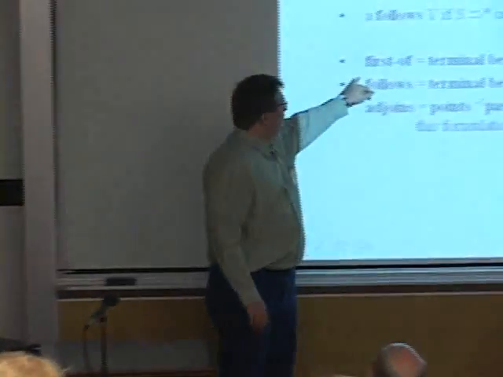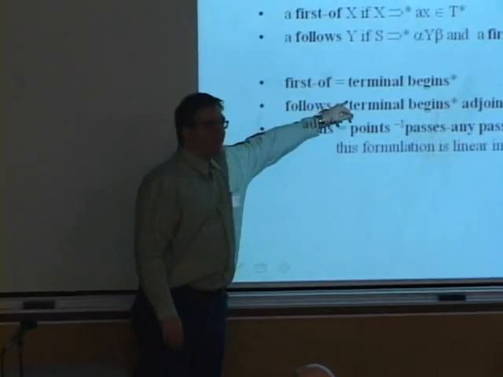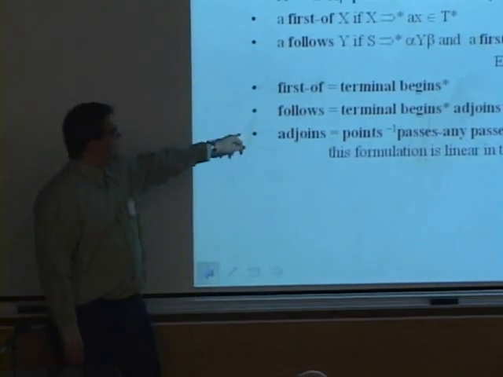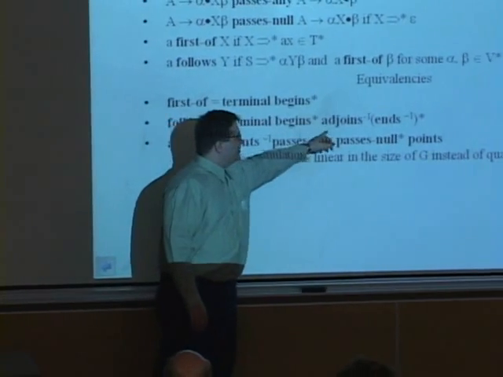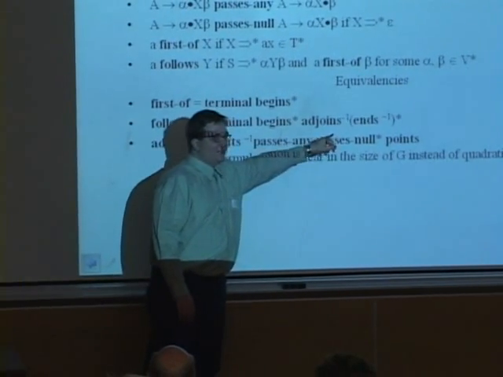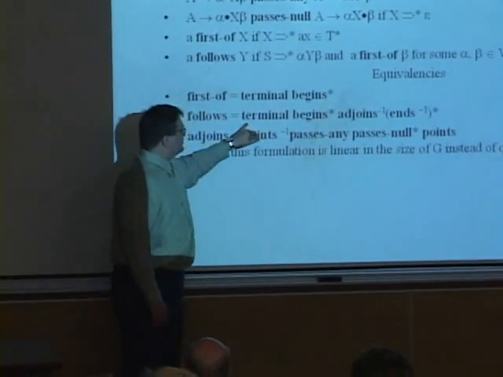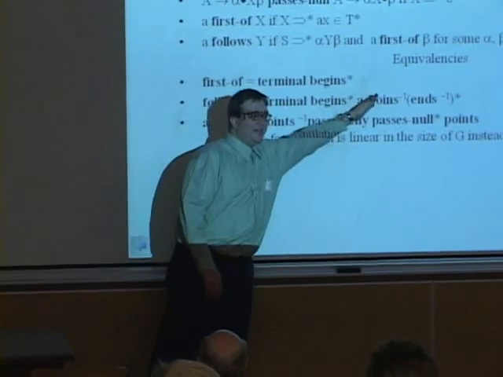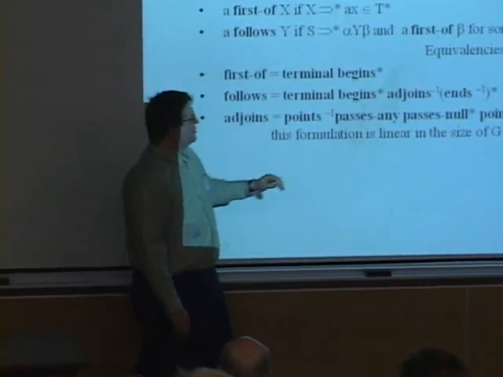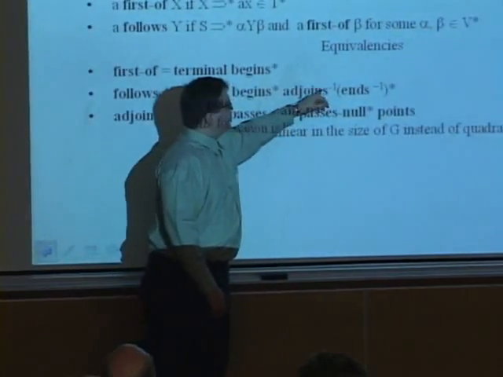So we can define first of to be terminal begins star, right? And follows to be terminal begins star adjoins inverse ends inverse star. In other words, we have a terminal. It begins some chain of non-terminals, which adjoins another terminal.